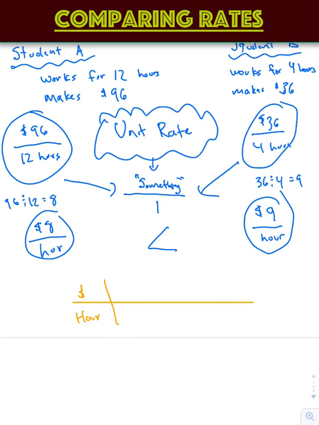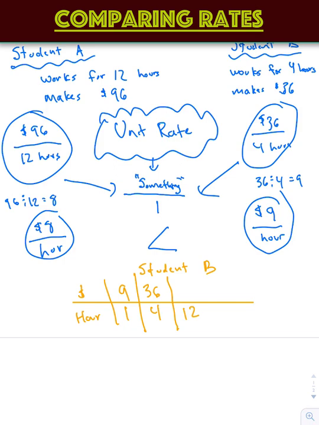You'll get more in depth with this, but we know that for student B, at 1 hour they make $9, and at 4 hours they make $36.